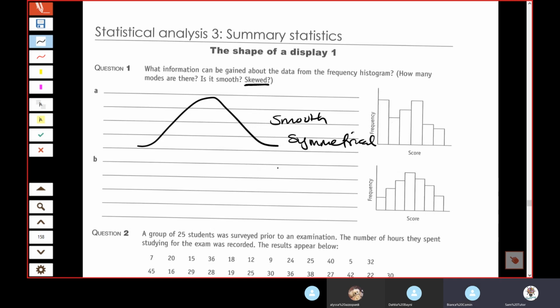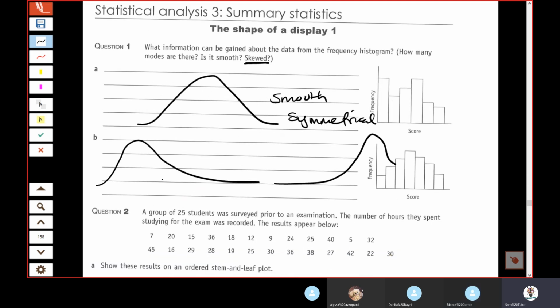And if you've got something that is more like this, or the other way around, this would be skewed in one way or the other. Now, you've got to remember it. This one here is skewed to the right. This one here is skewed to the left.